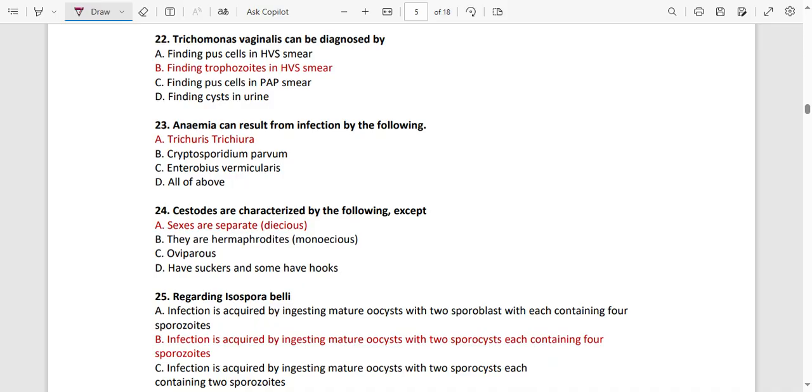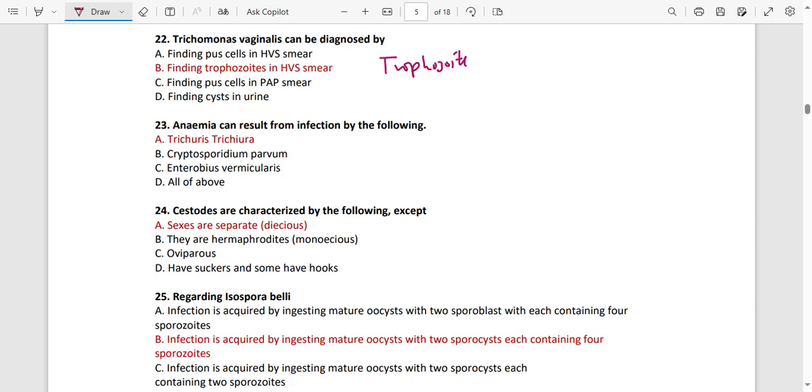Trichomonas vaginalis can be diagnosed by. Now, as we said, Trichomonas vaginalis, let me freshen up our minds. What's the infective form of Trichomonas vaginalis? The trophozoite. Thank you so much. And because this parasite is causing infection of the female reproductive system, basically the reproductive system and the urinary tract, you are going to get that high vaginal swab.